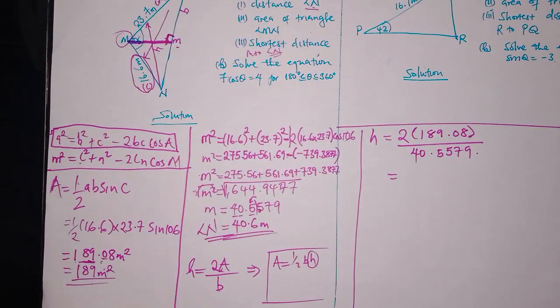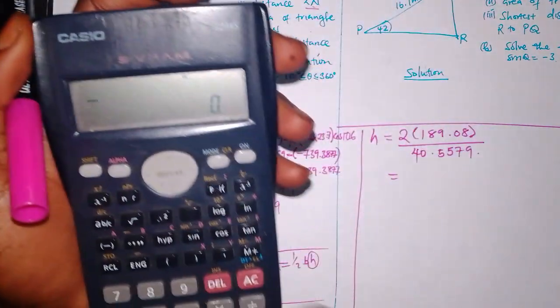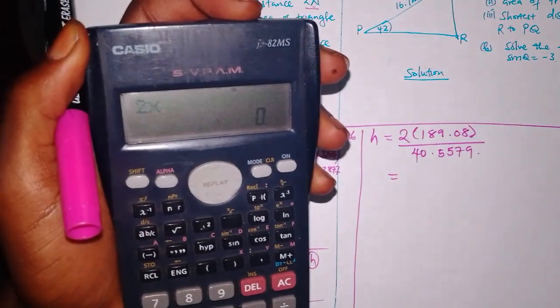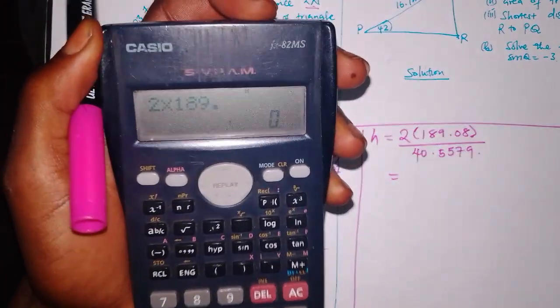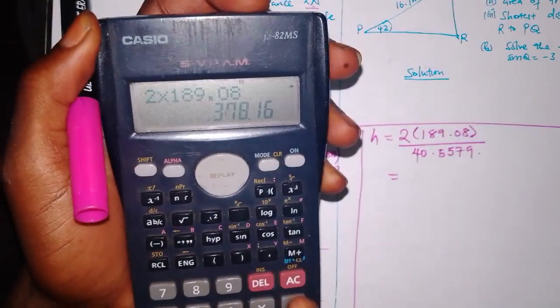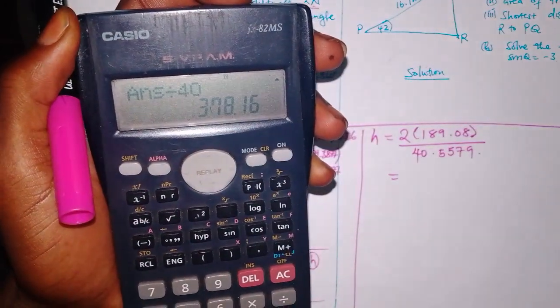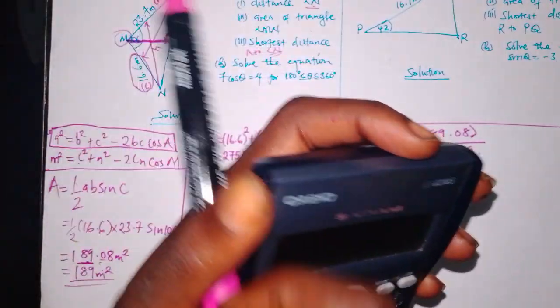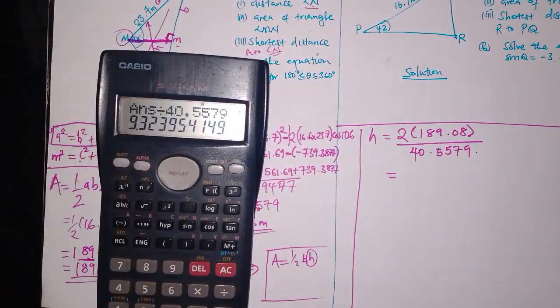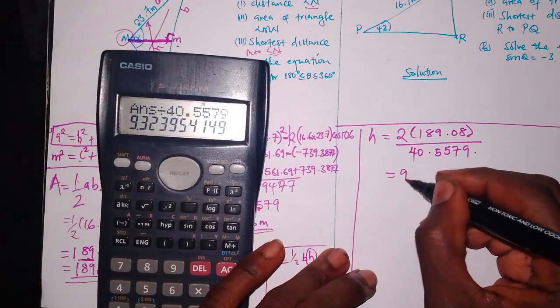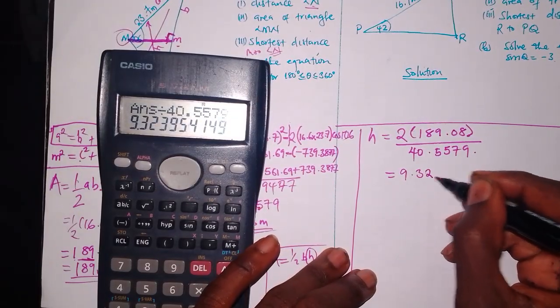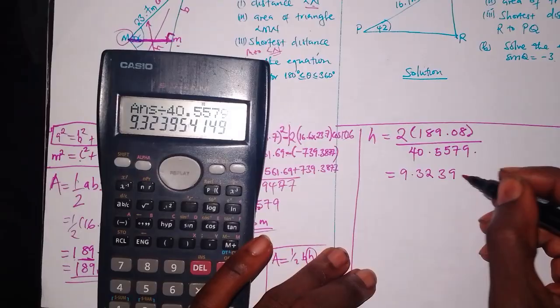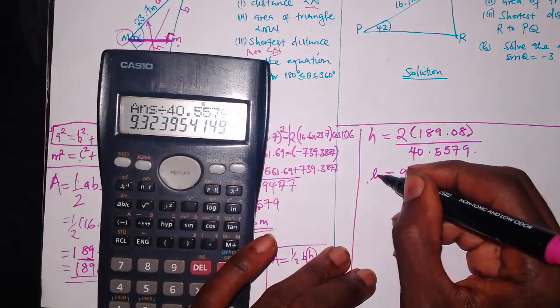Then you punch on the calculator. This one is straightforward. 2 times 189.08 divided by 40.5579, we have our answer to be 9.3239 meters as our height.